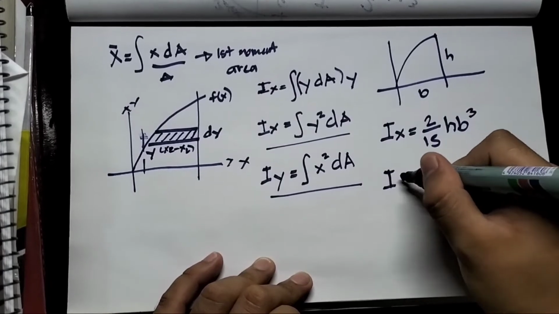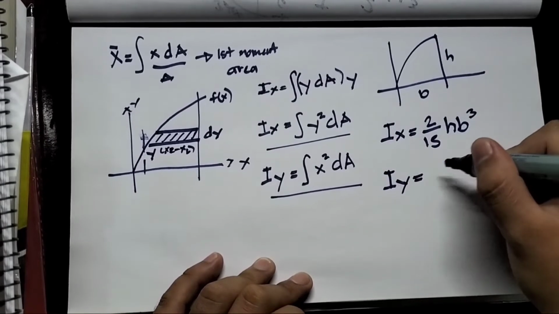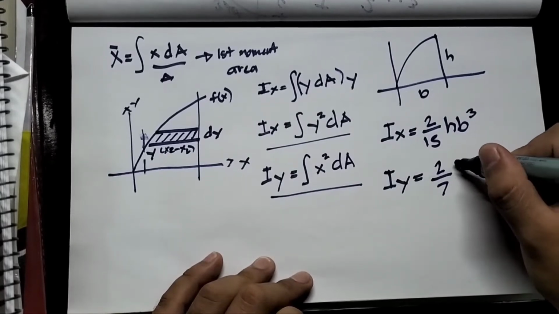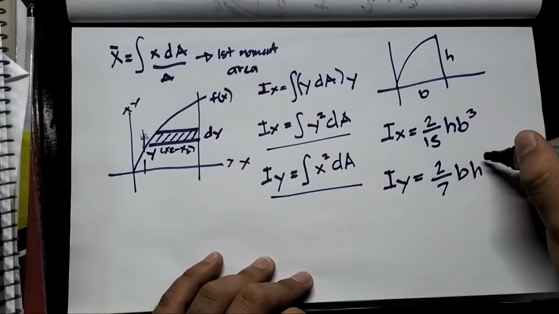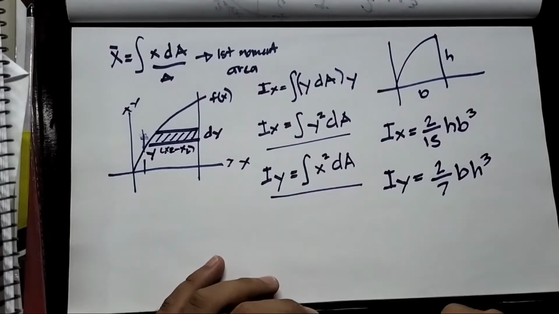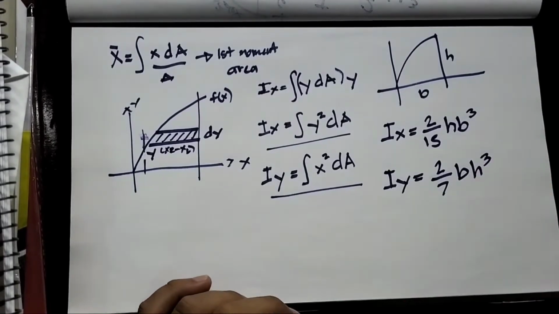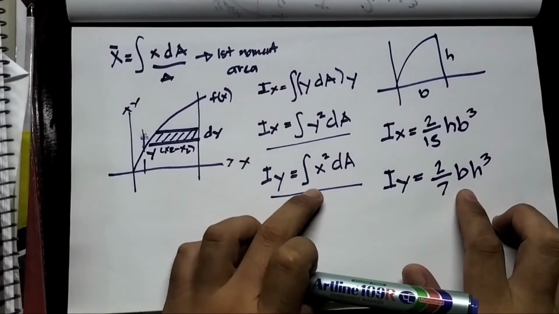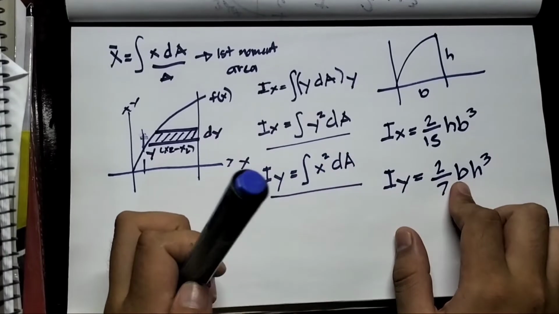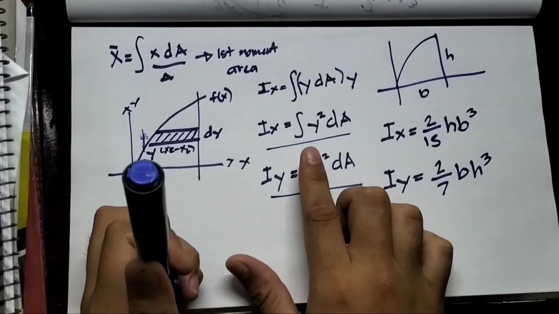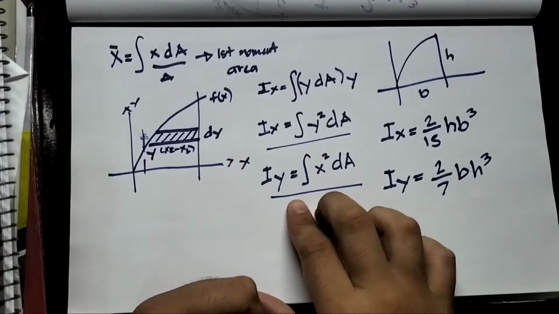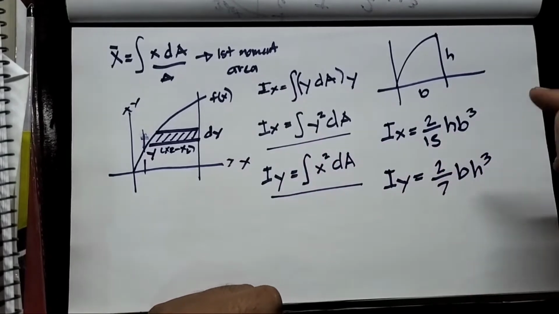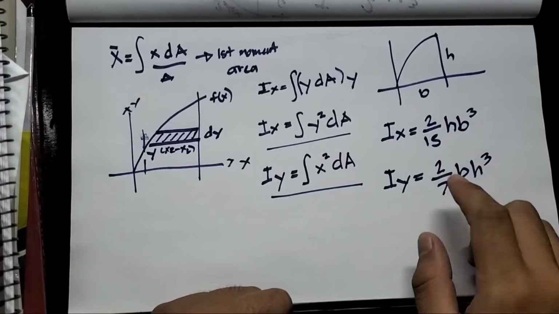And if it is y, moment of inertia about y, it will be 2 over 7 b h cube. So, yan lang. Yan ay nasa libro na yan. Gagamitin natin mamaya both formulas na to. But first, we need to use this one. Then, we will check if our work is correct by using this formula.